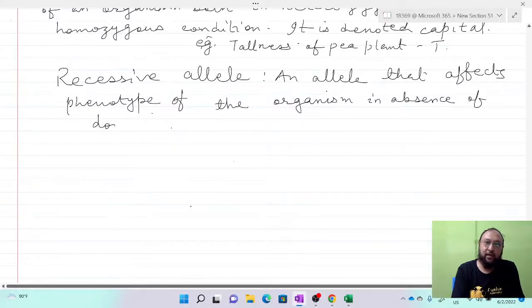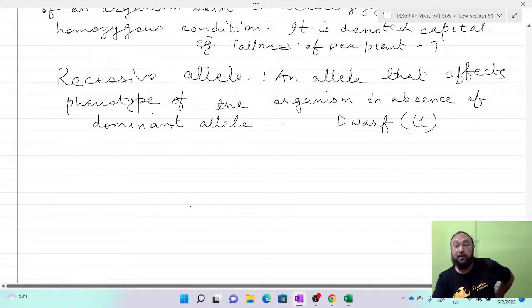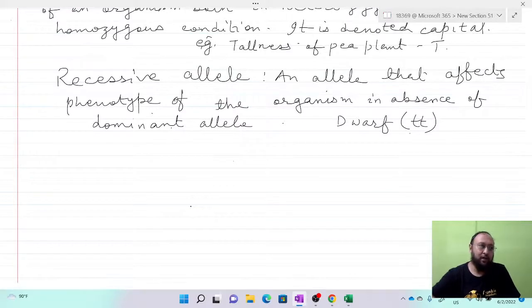That means when there is no dominant allele for that character, then only it will be expressed. So when there is a small t, for example dwarf, there is no capital T. So this is about the different terms.